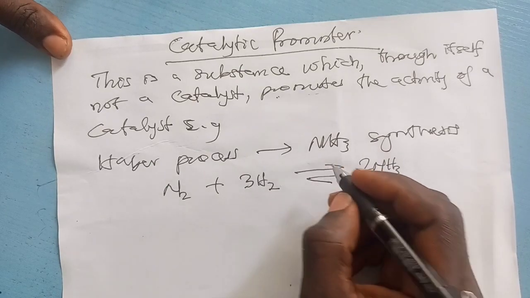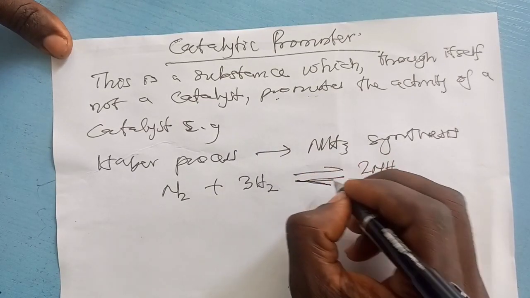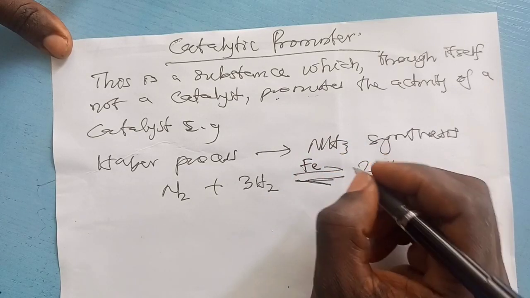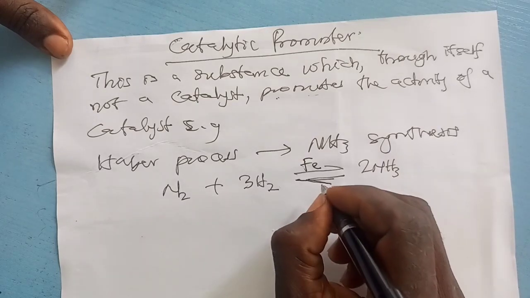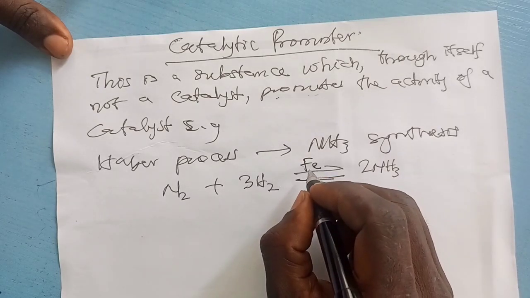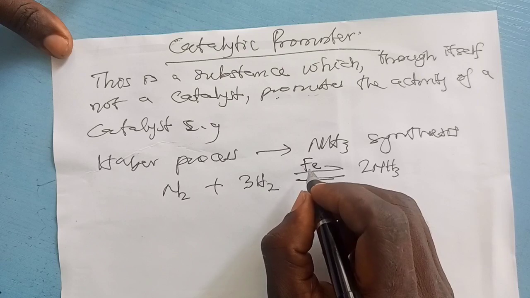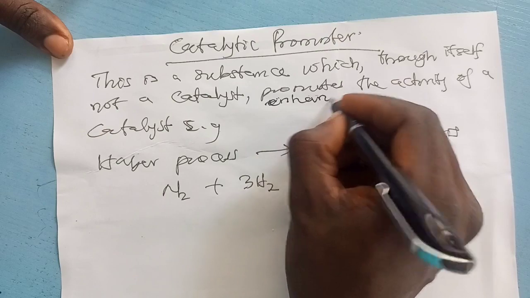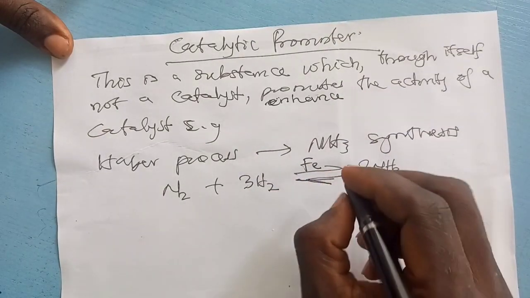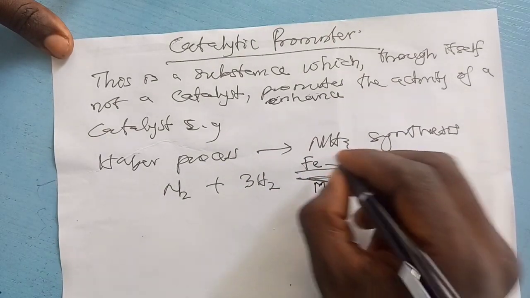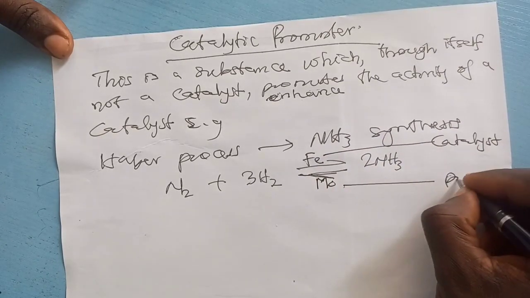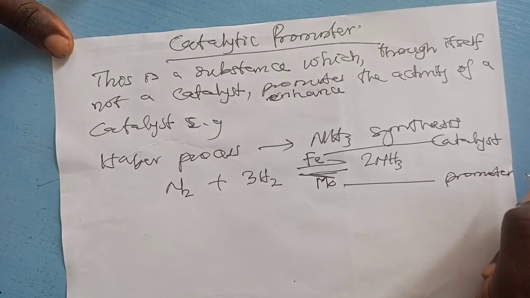Normally this reaction is usually catalyzed by finely divided iron. And the promoter that can be used to enhance the activity of this catalyst is molybdenum. So in this case, this is the catalyst and this is the promoter. So in the examination condition, this is how you differentiate it.